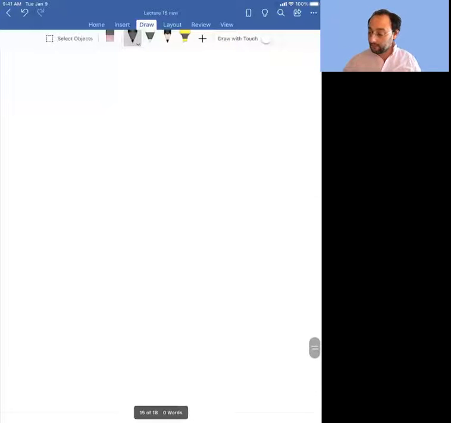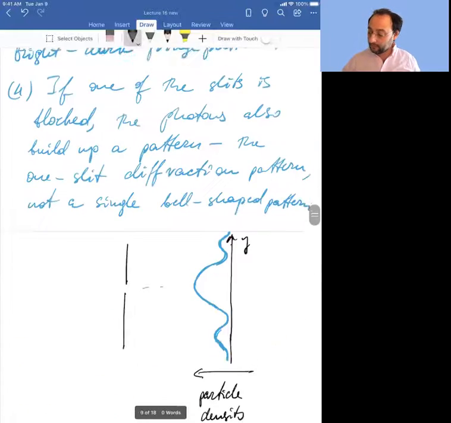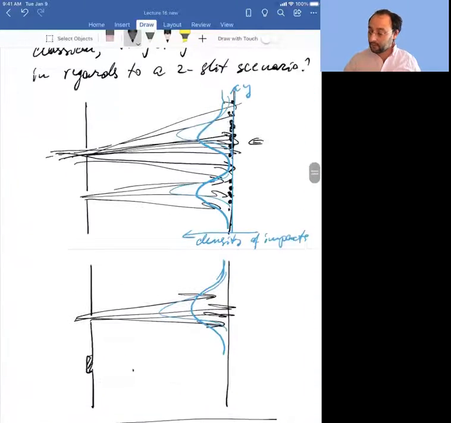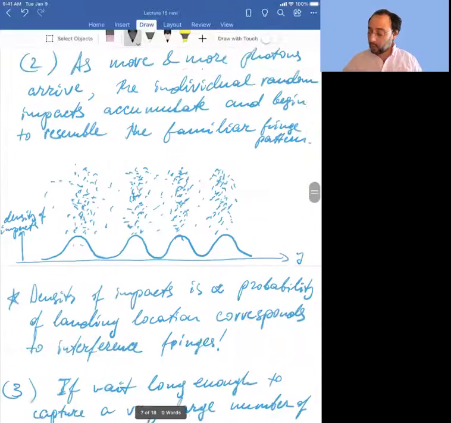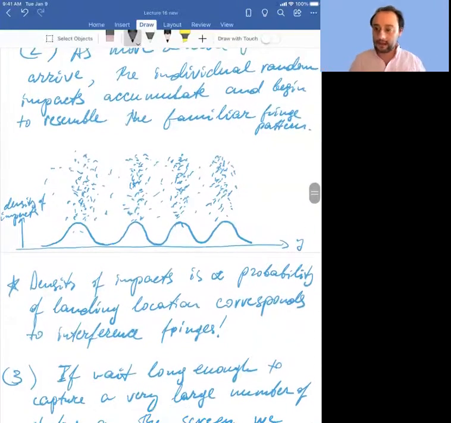So we would have expected something like this top picture with two slits, and something like this bottom picture if one slit is closed. Instead, the accumulated pattern of dots, the accumulated pattern of localized impacts with two slits looks like this.